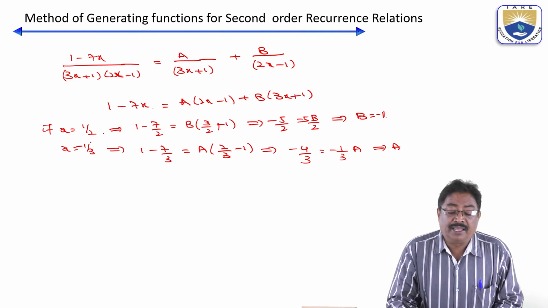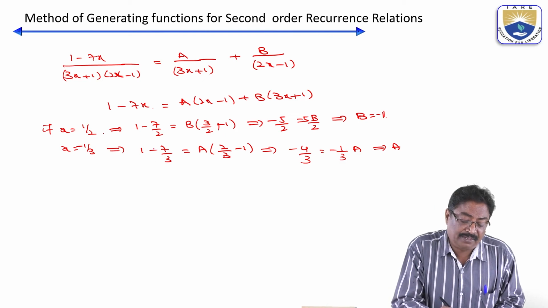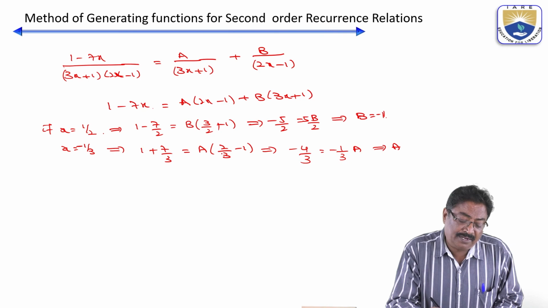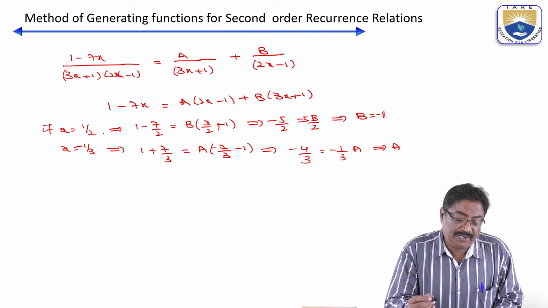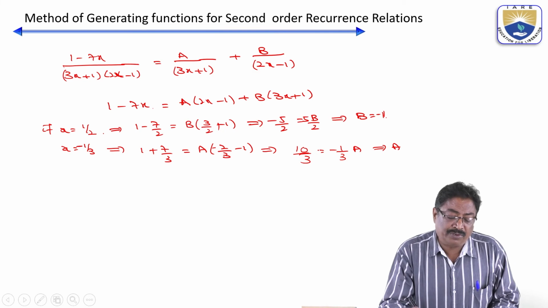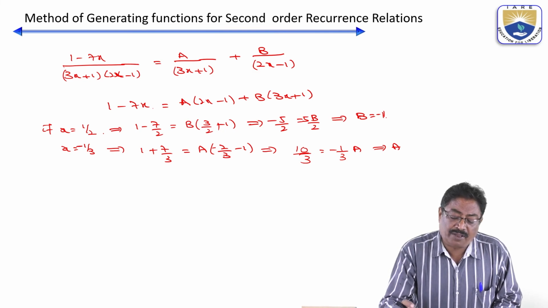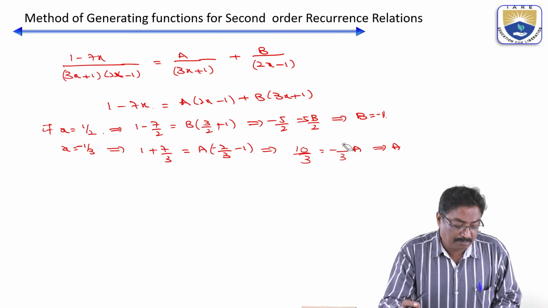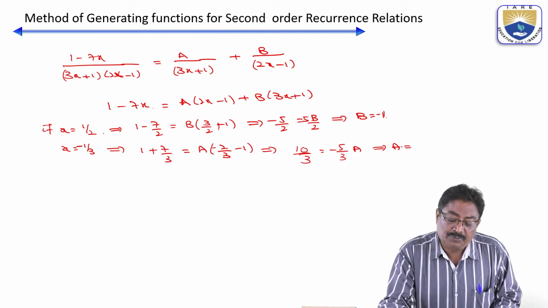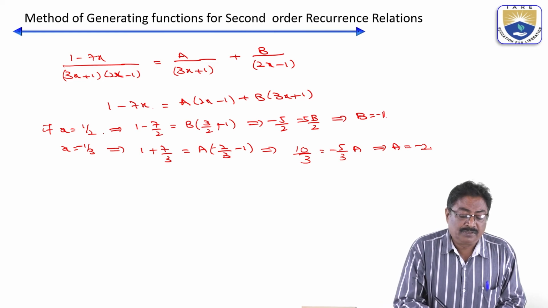So I am taking x equals minus 1/3. So I am going to get 7/3. Then it is −1/3, and this will become 10/3. Then we are going to get a minus 5/3. So a equals minus 2.